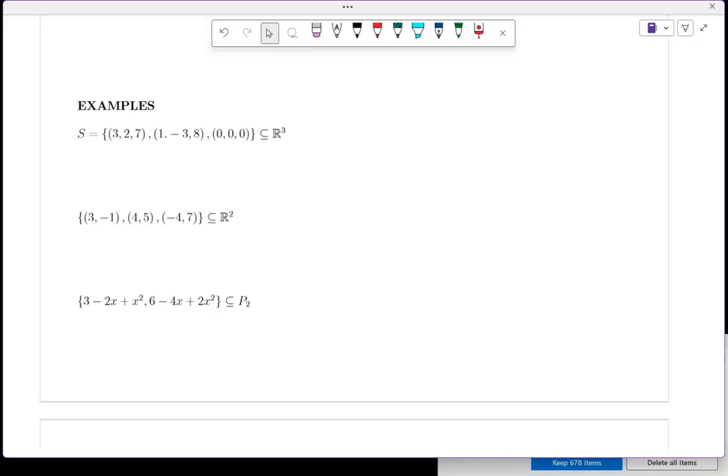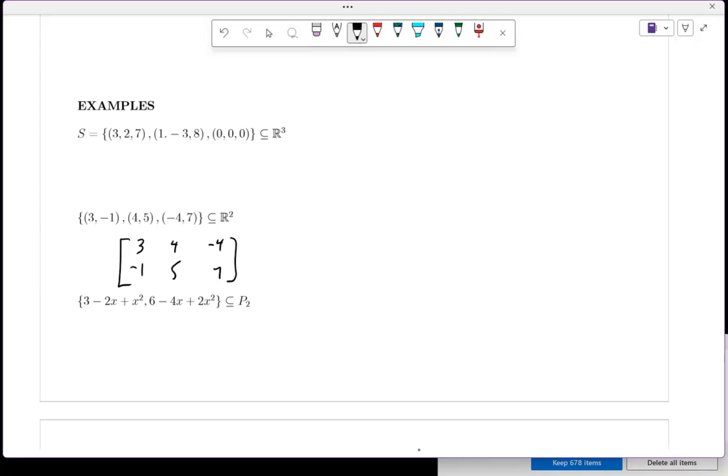What would your matrix look like after you put your vectors in columns? What's the first column? 3, -1. What's the second column? 4, 5. What's the third column? -4, 7. Now, thinking for linearly independent, you just told me you have to have a pivot in every column. Is that even possible without even row reducing it?